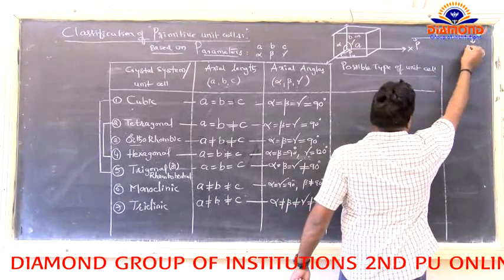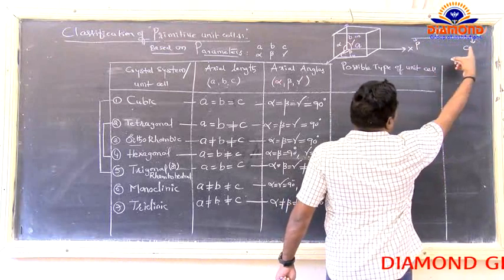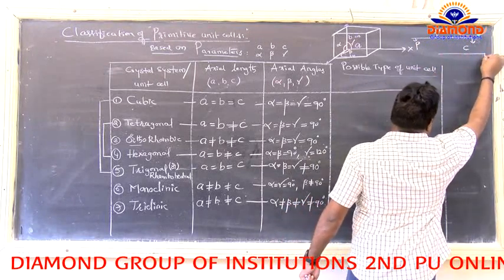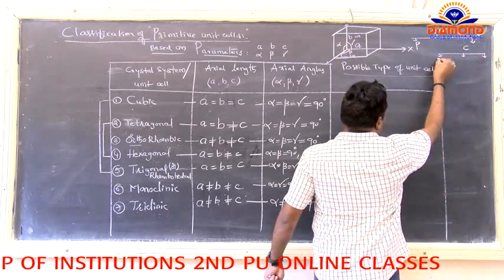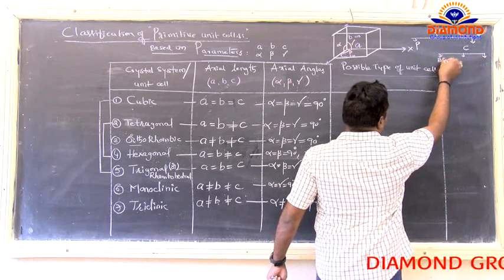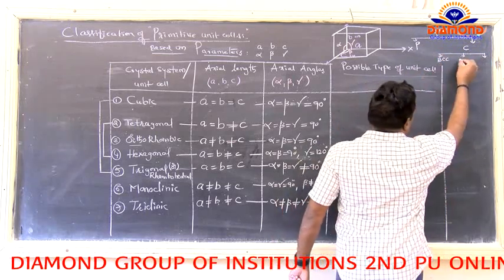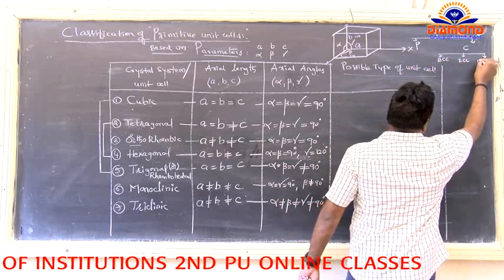The second one is centered unit cells. Primitive and centered. The centered are again classified into three types. What are they? The first one, BCC. Second one, FCC. Third one, ECC.